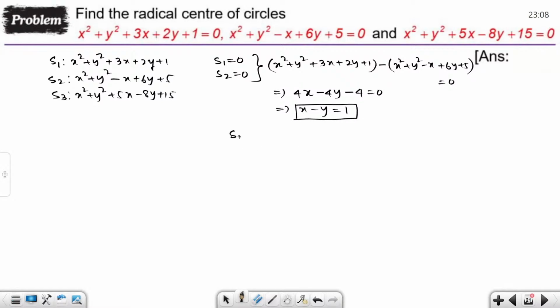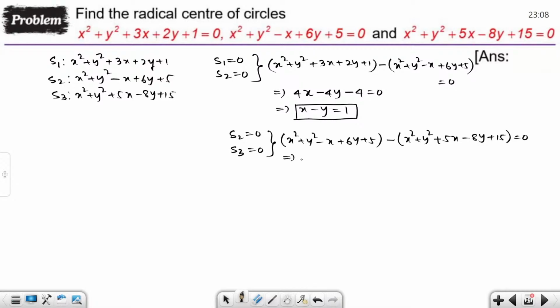For the other radical axis, let us take two circles S2 = 0 and S3 = 0. So from these two circles, the equation of the radical axis will be. Is it clear? So this is the equation of the second radical axis.